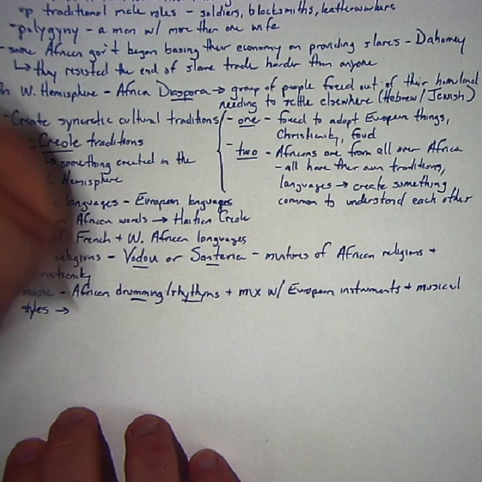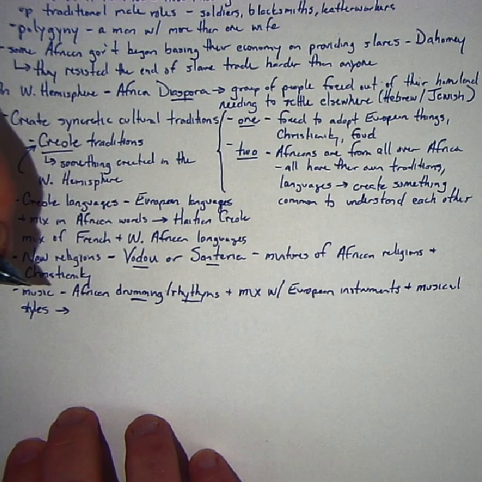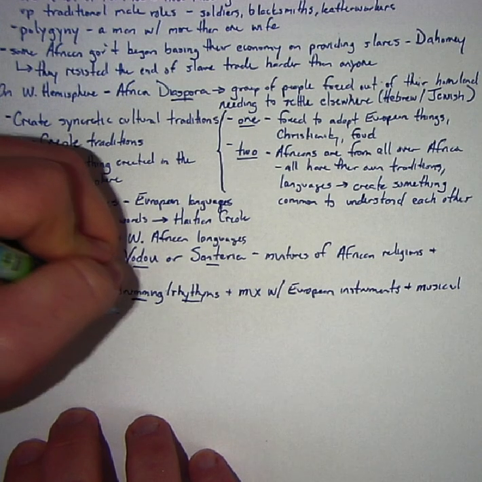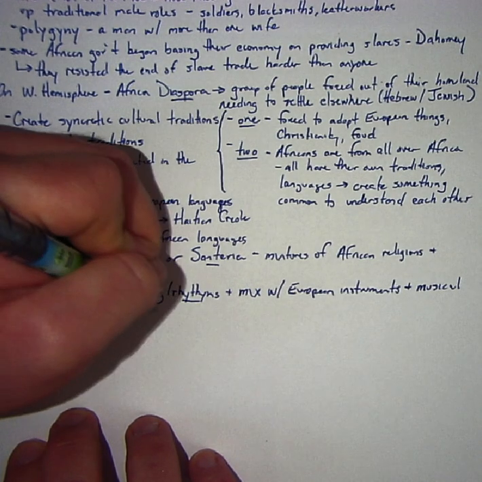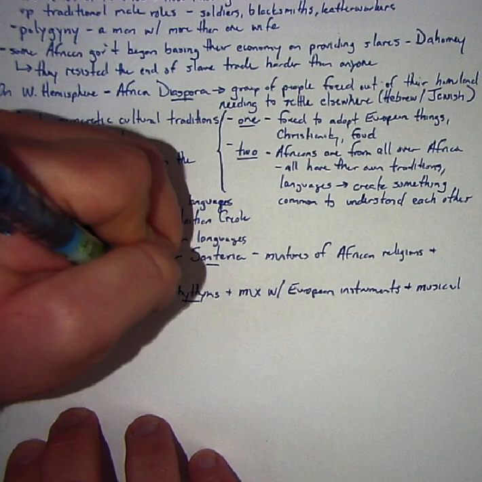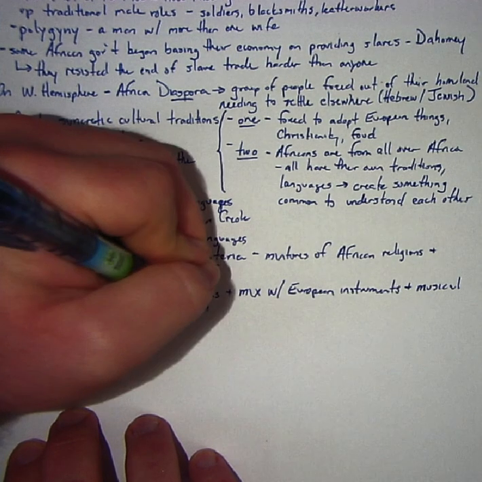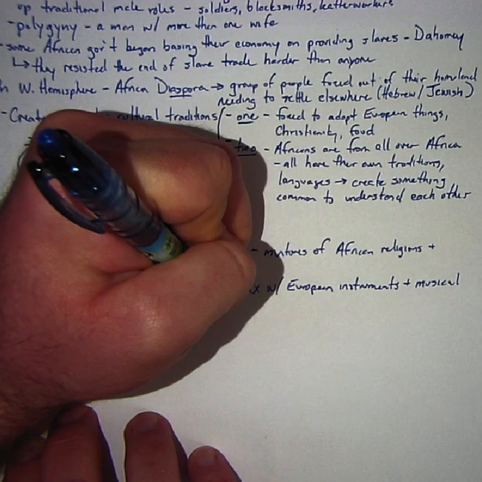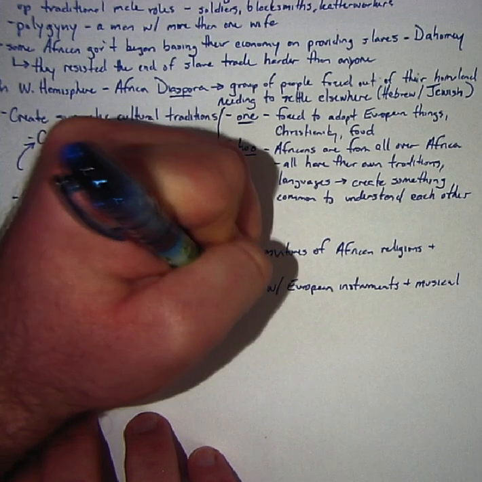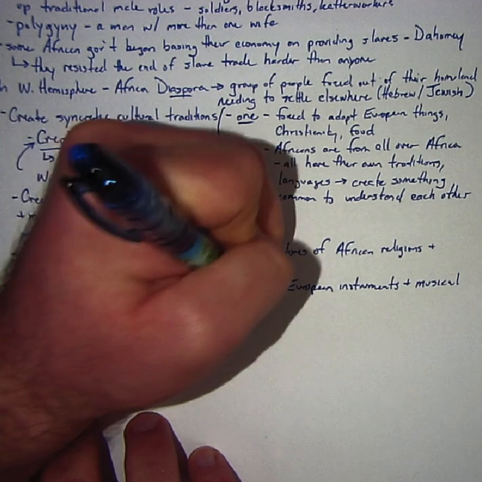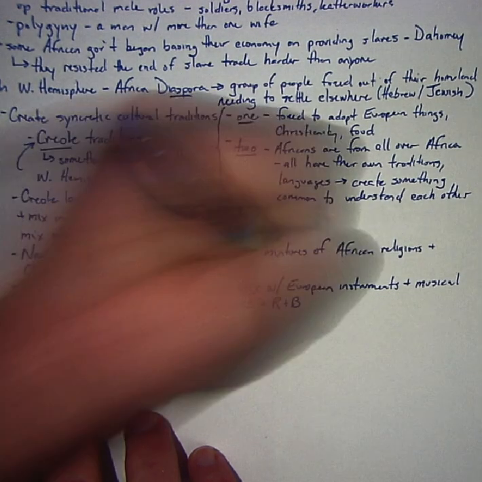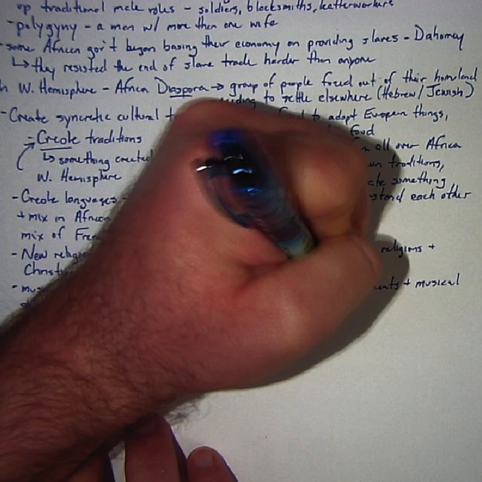So we might consider from here things like African spirituals, which turn into gospel music. But we could also think about the creation of jazz and R&B, which would then turn into things like rock and roll.